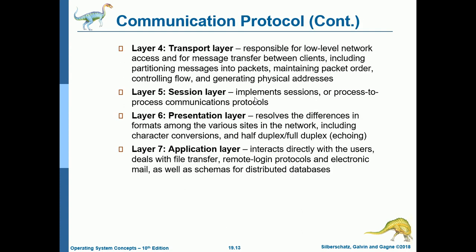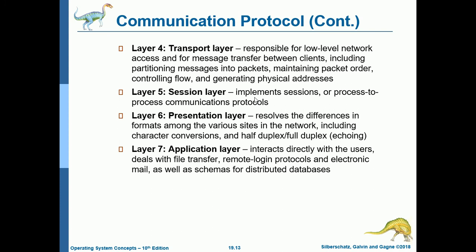Continuing with the layers, layer 4 is the transport layer. It is responsible for low-level network access and for message transfer between clients, including partitioning messages into packets, maintaining packet order, controlling flow, and generating physical addresses. Layer 5 is the session layer, which implements sessions or process-to-process communication protocols.